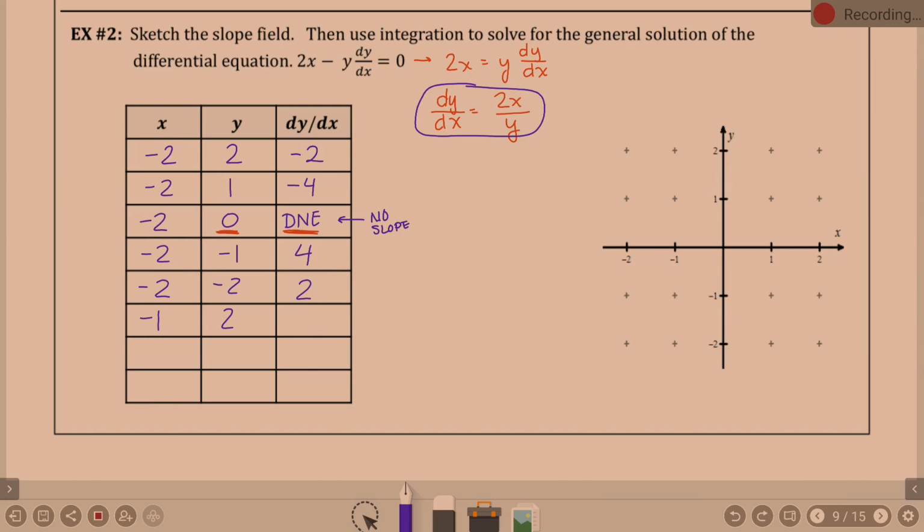What about -1, 2? -1, 1. -2. Do I need to do -1, 0? No. Don't waste your time. -1, -1. And -1, -2.